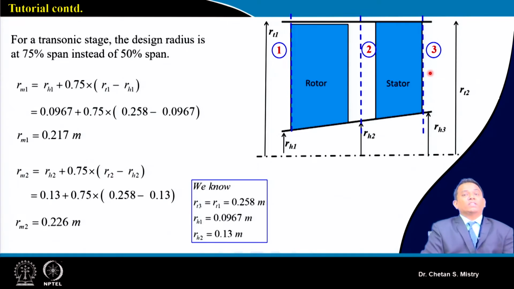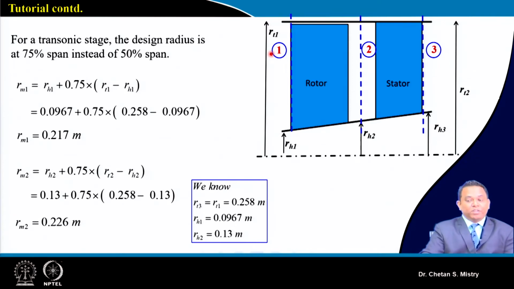Now once this is known to us, the very first step as we have discussed is we need to start doing calculation at the mid station, and for a transonic compressor we take our mid station at 75% of span. That is a thumb rule. Okay, if that is your case, at the entry we can calculate my mid radius. That is given by my hub radius plus 0.75 times tip radius minus hub radius. That will give me my mean radius at the entry.